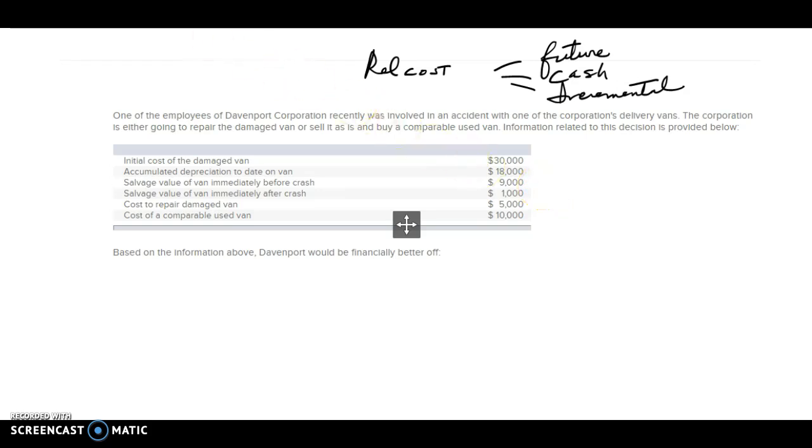Okay, so let's look at these various costs here. And our decision is whether we repair the van or buy a used van. Okay, those are the two options. Cost of van would be a sunk cost, not relevant. Accumulated depreciation, not relevant.